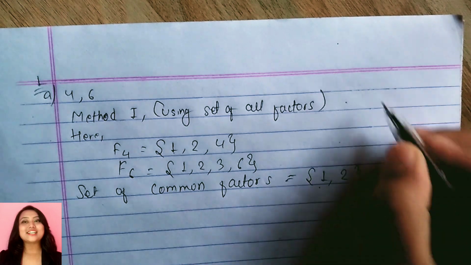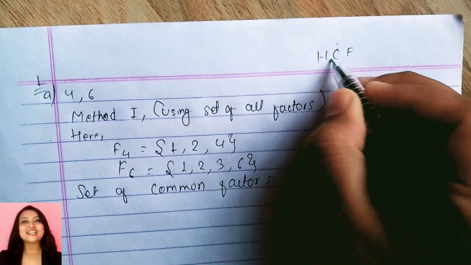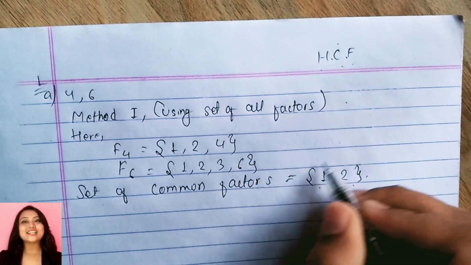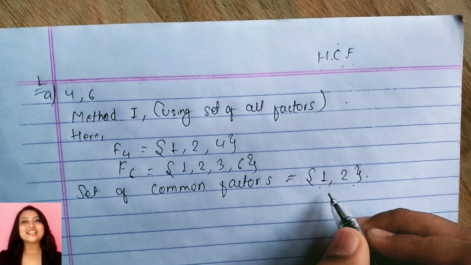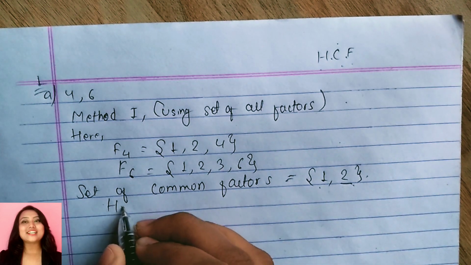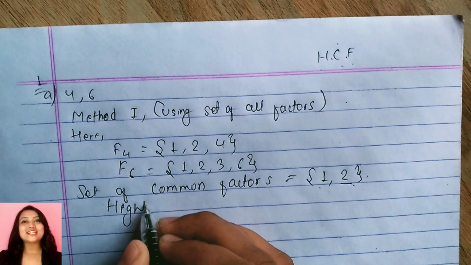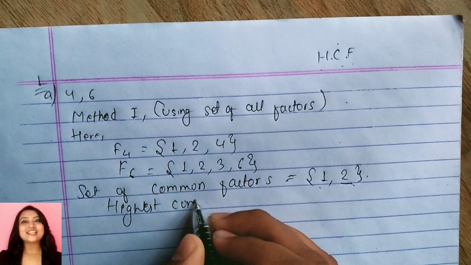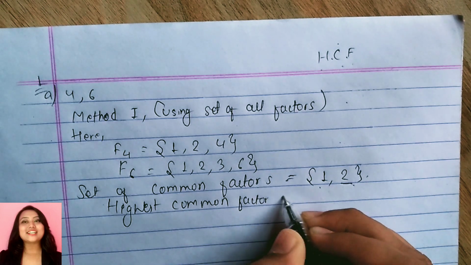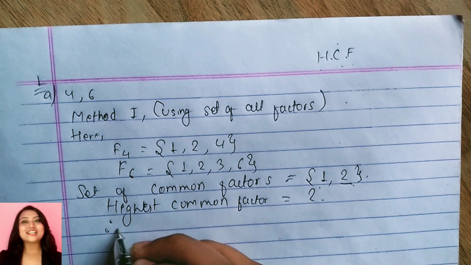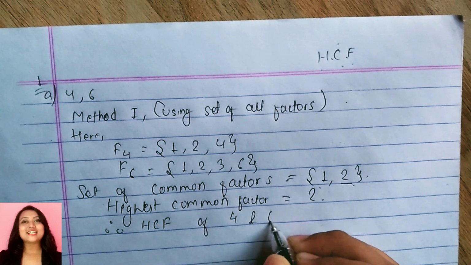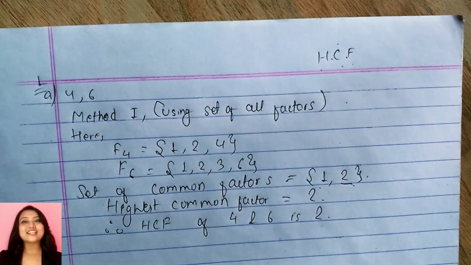Since we are finding the HCF, the highest common factor, which one among these is the highest? Yes, of course 2 is the highest common factor. Hence the highest common factor equals 2, and therefore the HCF of 4 and 6 is 2. Okay, like this you have to do.